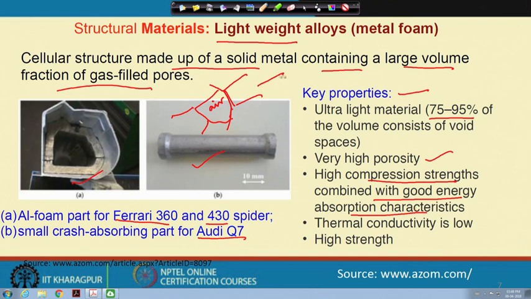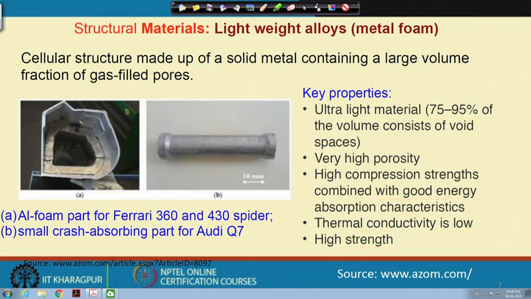Whenever we apply some thrust, these foam structures break and absorb a lot of energy, because once it breaks, the crack tip gets blunted since there is air inside, and it has to find neighboring places where a new crack has to be opened, and therefore it can absorb a very high amount of energy. Thermal conductivity is also low, yes, because of the discontinuity. Also their relative strength to weight ratio is high.